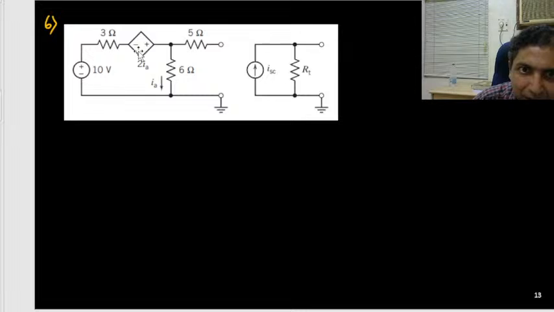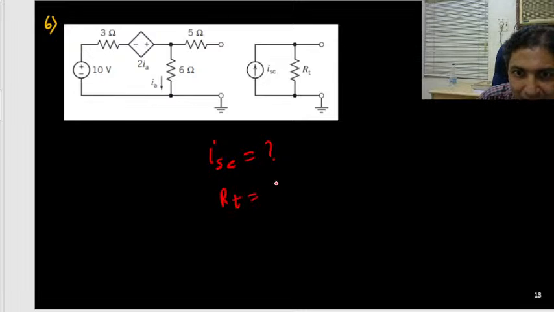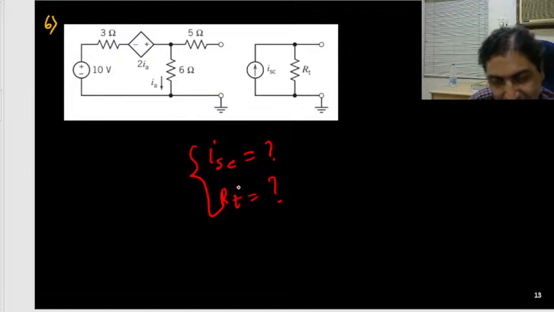One more problem I will be considering because we are running over time, it's more than 1 hour. So you will try to find its answer. What is ISC and what is RT? And you will let me know in the comment section once you are able to solve it.